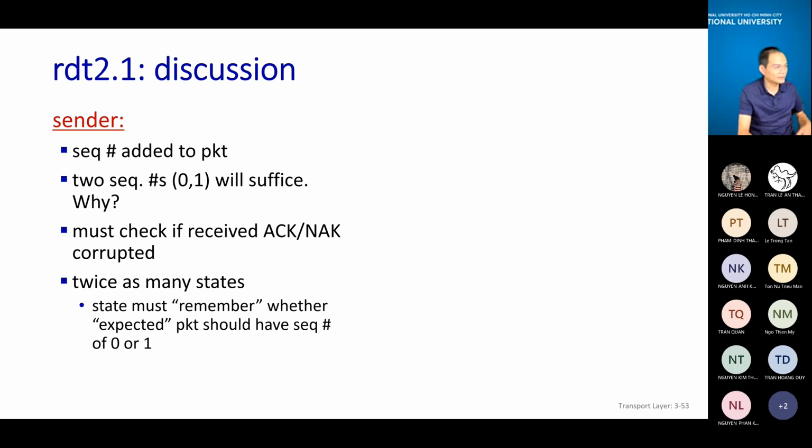And let's say we have more than 2 sequence numbers, for example 0 and 1, 2, 3, 4, 5, 6. Then we have more states, and we also double the effort to make the protocol exist.